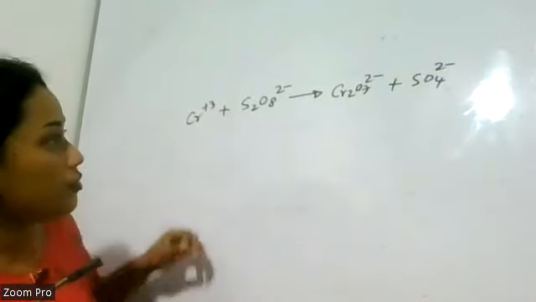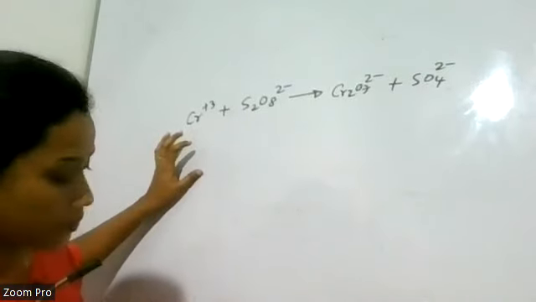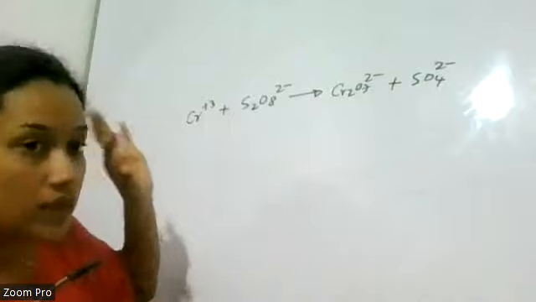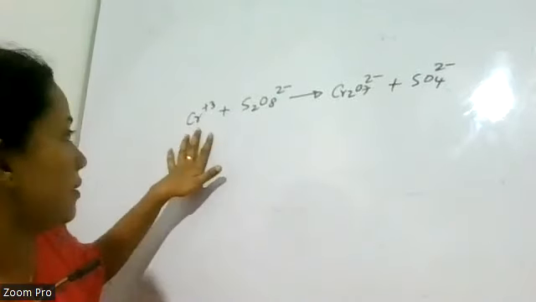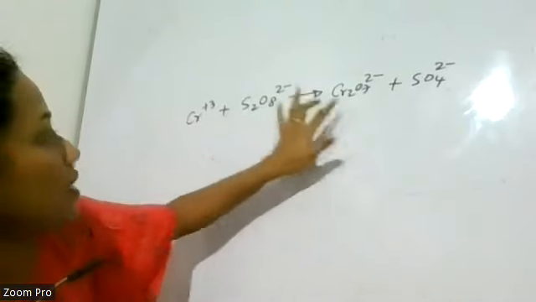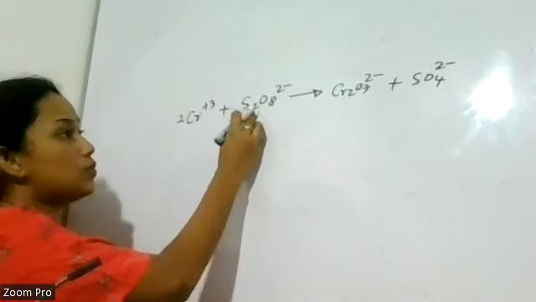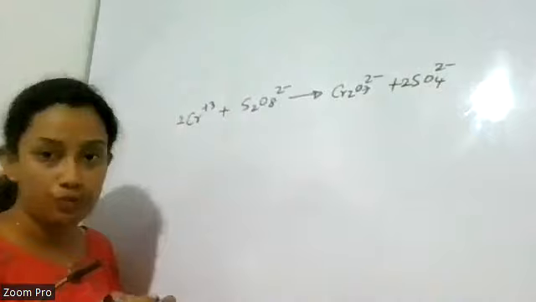First of all, we have to balance the atoms. That means chromium and here chromium, so 2 chromiums should be there. S2 and here 2 S should be there.